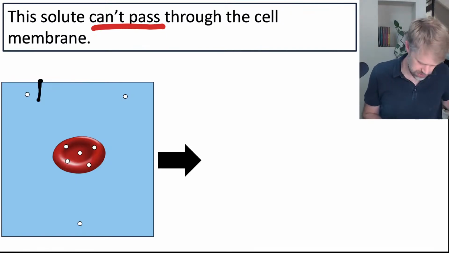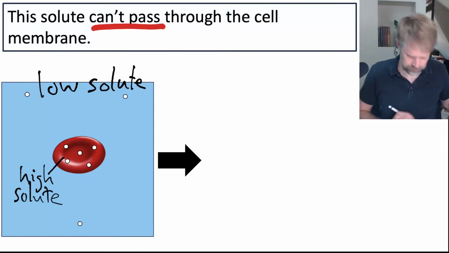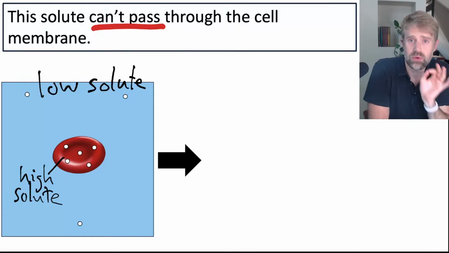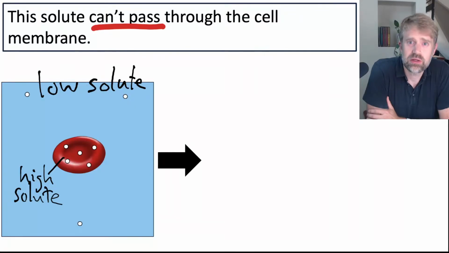Outside, we have a low solute concentration. Inside the cell, we have a high solute concentration. The solute can't pass through the cell membrane. The solute can't get out.